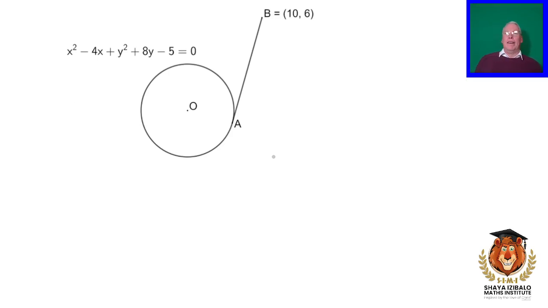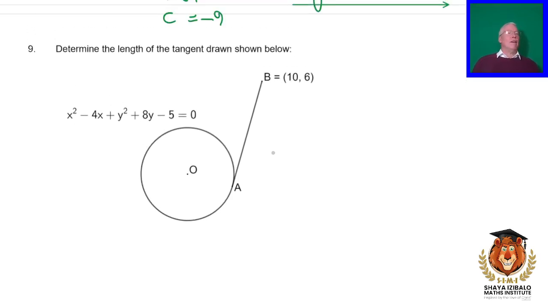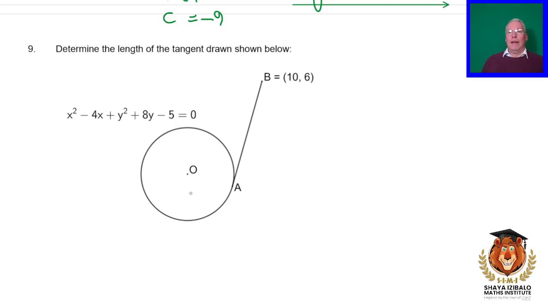Now let's look at this one. It asks us for the length of this tangent, and I hope you can remember how to do that. Let's pause the video, have a go, and then we'll play it again and see. That's right. We are going to work out the length of the radius, and we know that that's a 90-degree angle.